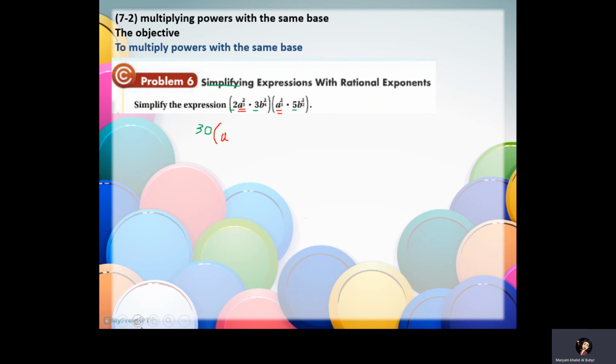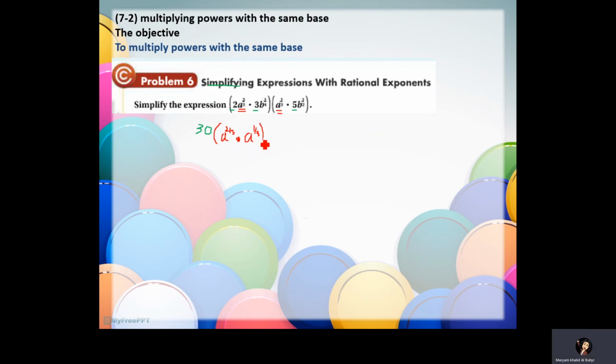Yes, it is 2 over 3, times, that's multiplication, a big dot, a little bit up and in the middle, A, the other A that I have, which is to the power 1 over 3.